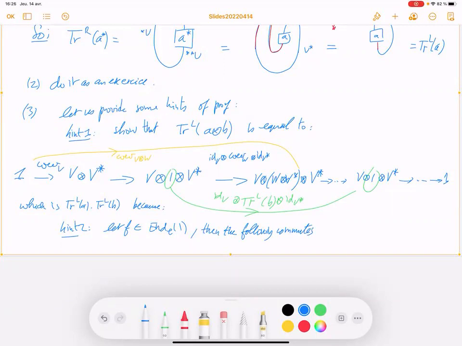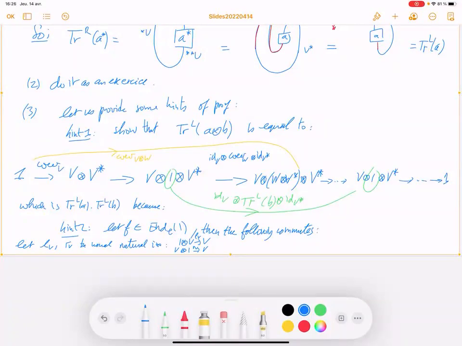So let L V and R V be the usual natural isomorphisms. So 1 tensor V to V for L V, and V tensor 1 to V for R V. So the usual ones we already mentioned. So the following commutes.